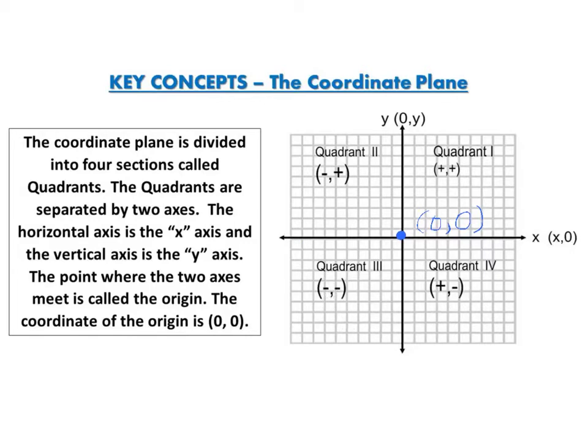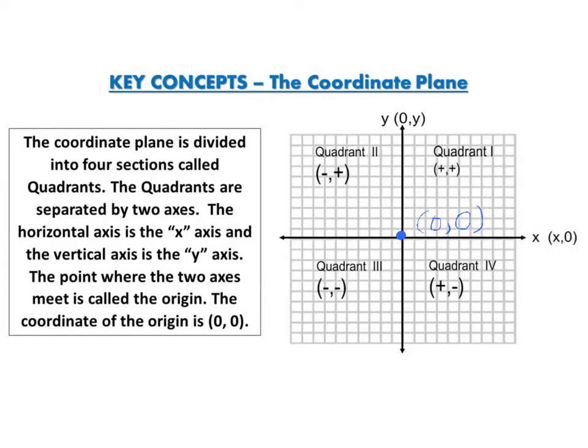Any point in quadrant 1 will have both the x and the y coordinate be positive. In quadrant 2, the x value will be negative, the y value will be positive. In quadrant 3, they're both negative, and in quadrant 4, the x value is positive and the y value is negative.